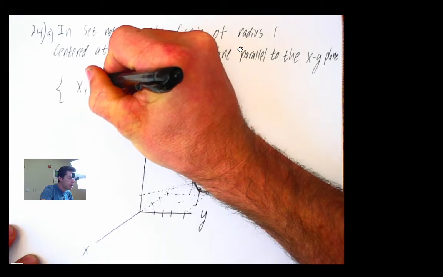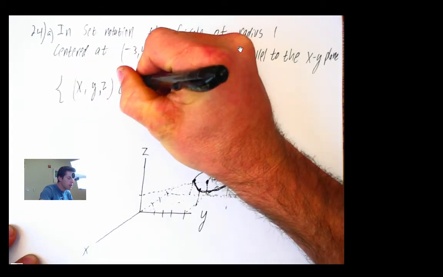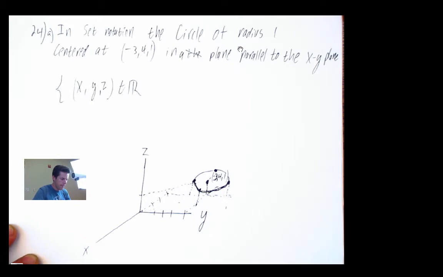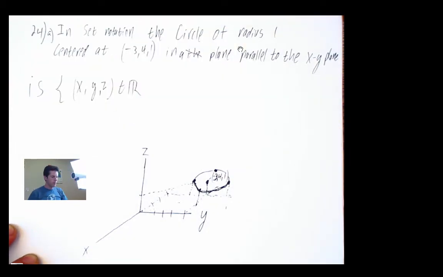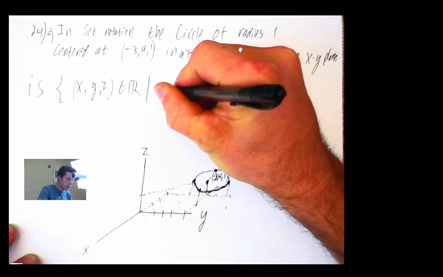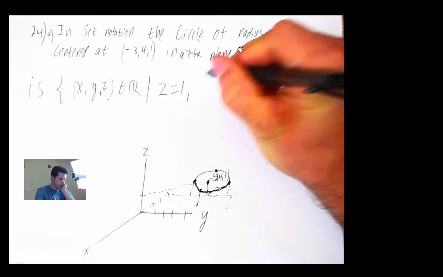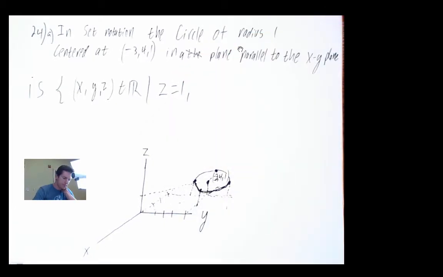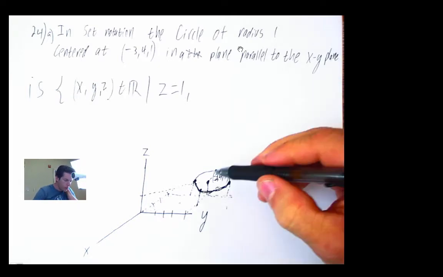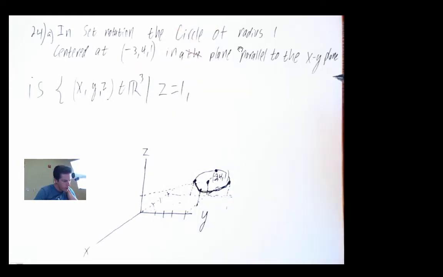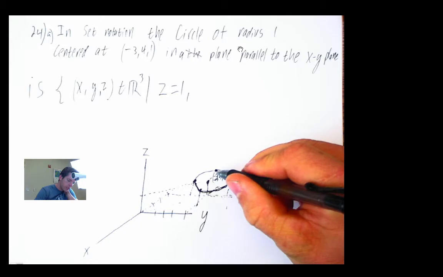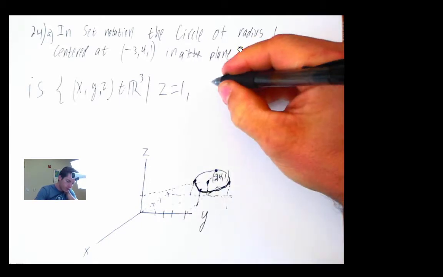The set of (x, y, z) in R3 with z equal to 1. And then what needs to be the relationship between x and y to actually get a circle?